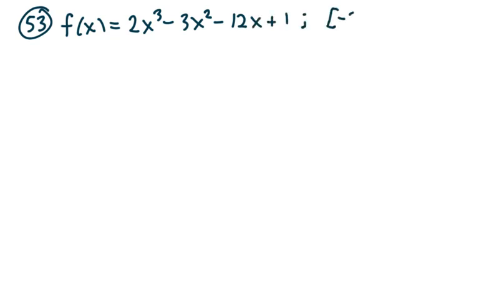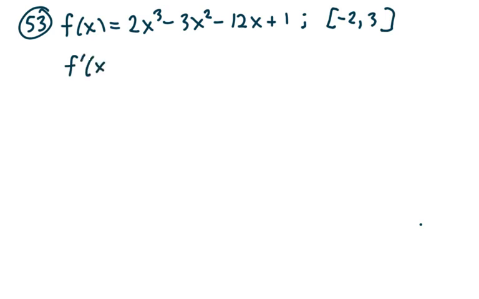And the interval is negative 2 to 3. And we're going to go through the same thing. And again, one thing to take note of is that f is continuous on the closed interval negative 2 to 3. So we're guaranteed to have an absolute maximum and absolute minimum.